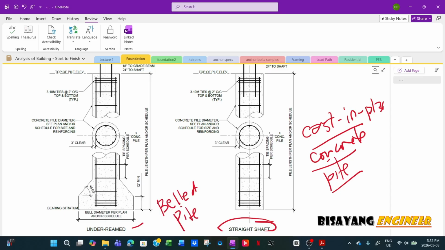Now, I've seen this only in textbooks, but I've never seen it in actual practice. I never designed it. Instead of just a single bell at the very bottom, it will have another bell.